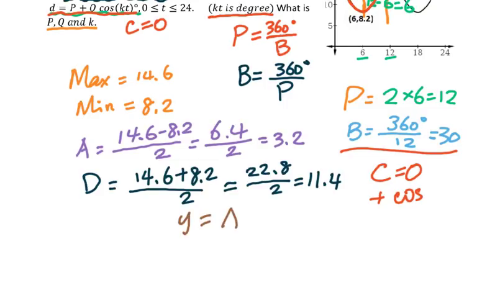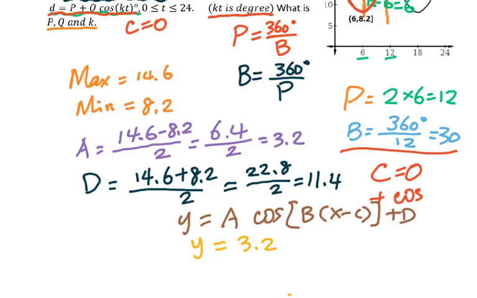Therefore, we can write down our equation using this pattern. y equals A cosine (Bx minus C) plus D. We got y equals, A is 3.2. This is a positive cosine pattern, so positive 3.2 cosine.